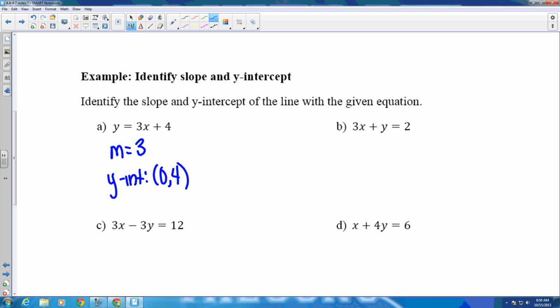On B, we need to get it into y equals mx plus b form, so we need to solve for y. Get that 3x over. Y equals negative 3x plus 2. Slope, our m is negative 3, and our y-intercept is (0, 2).